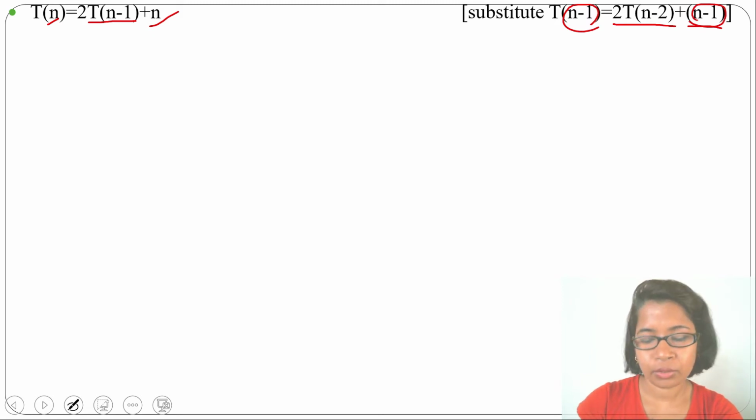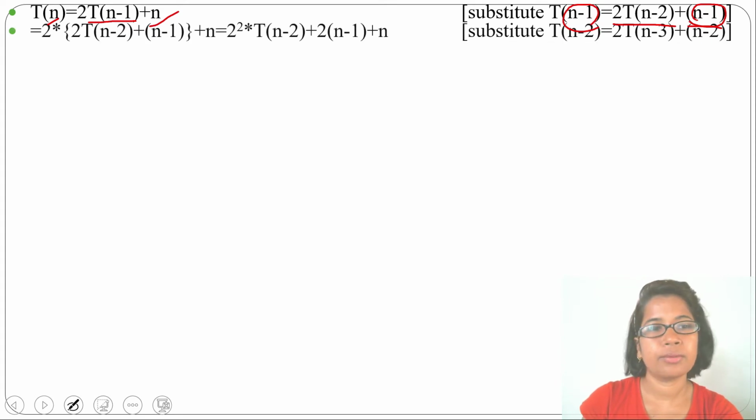Now just substitute, before it was 2, in place of T n minus 1 we will substitute 2T n minus 2 plus n minus 1. Now after multiplication, 2 multiply 2 will get 2 square T n minus 2. Next, 2 multiplication n minus 1 will get 2 multiplication n minus 1, and before that n was given.